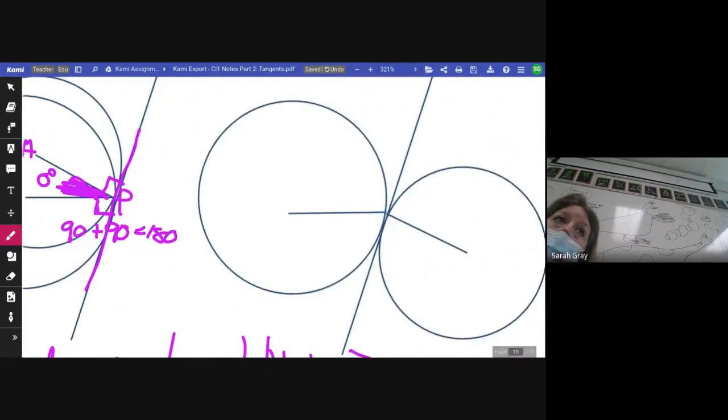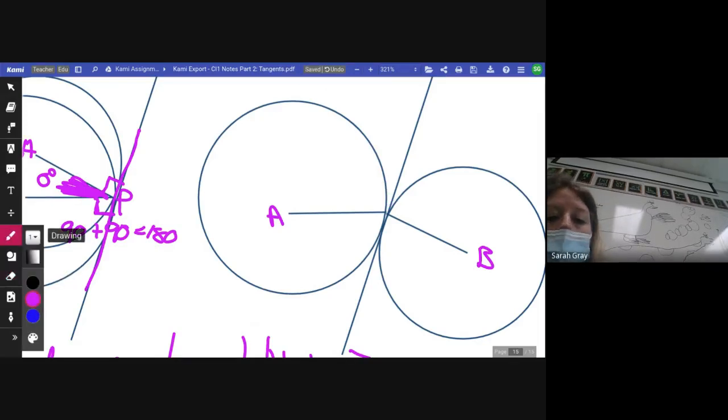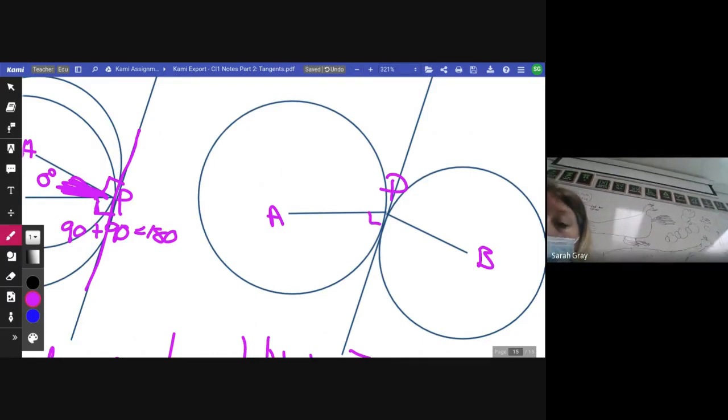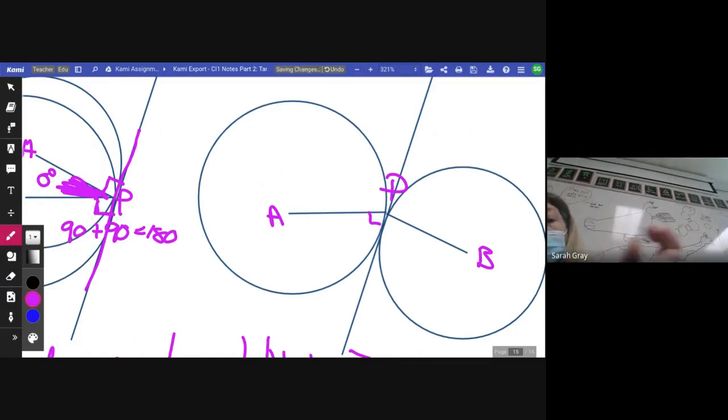Let's take a look at an external tangent. Circle A, point P, point B. AP is tangent, so that's a right angle. And BP is tangent, so that's a right angle.